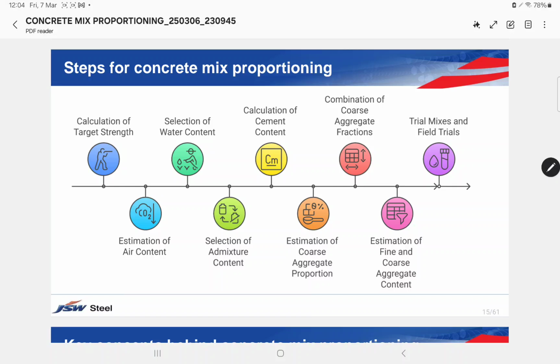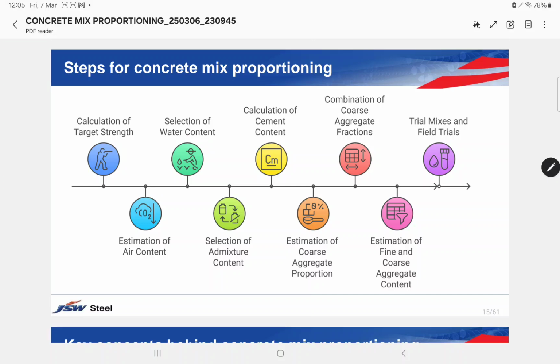So the first step is you calculate the target strength, and the next is you find out the air content, because no matter how well you compact your concrete, there is a chance that some amount of entrapped air will remain there. So you need to account for that in the mix design stage itself.